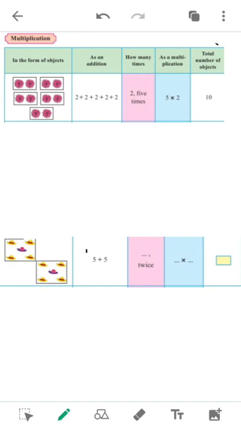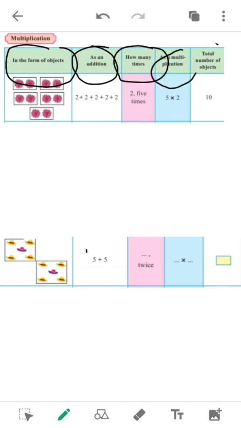Then we will add the objects shown in the pictures. Then we will find how many times the object is shown in the picture. We will show it as multiplication, and then find total number of objects.